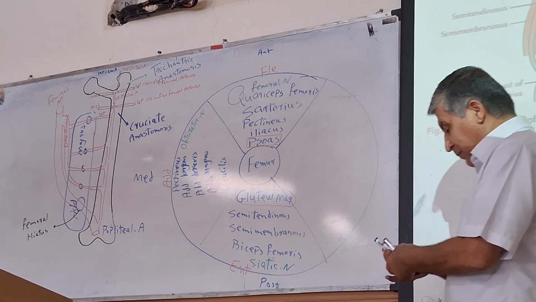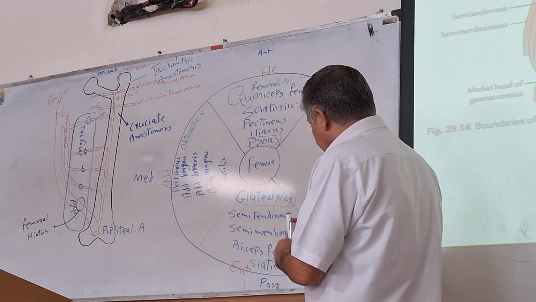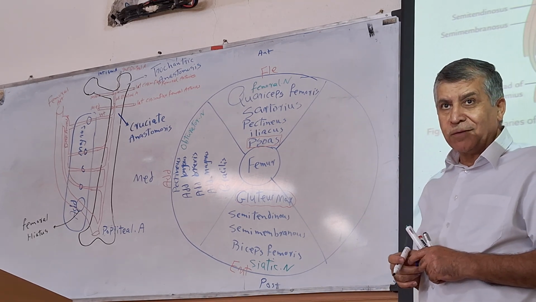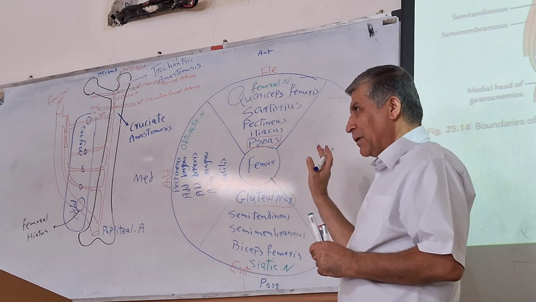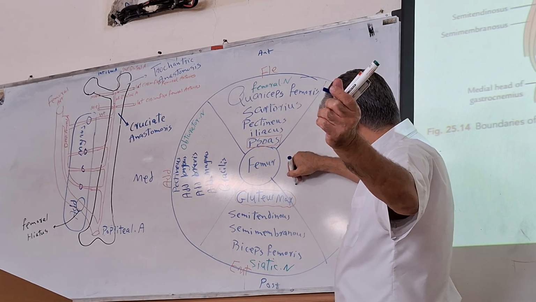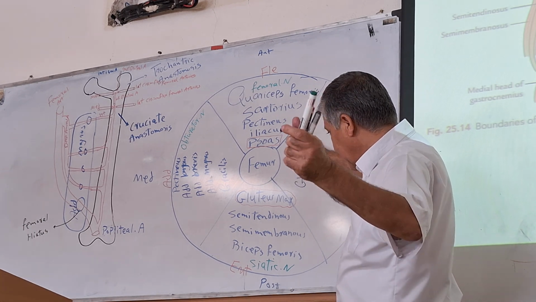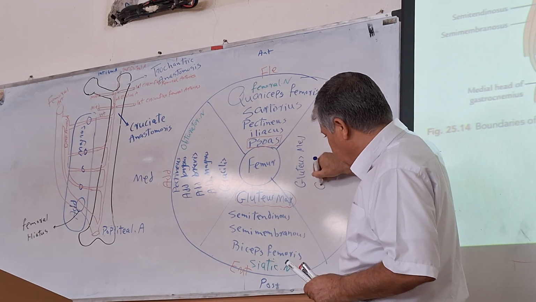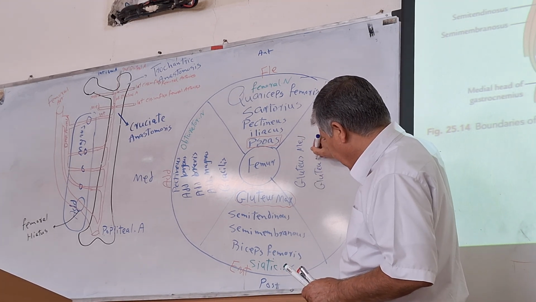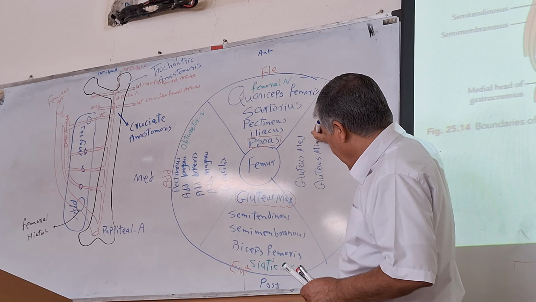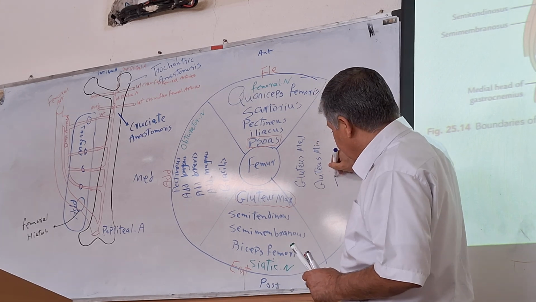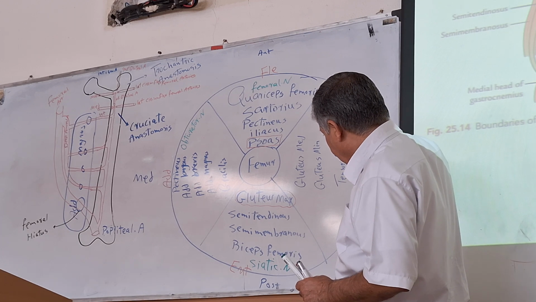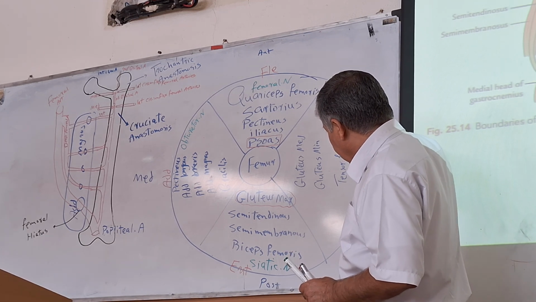Lateral compartment. We can see gluteus medius, gluteus minimus, and tensor fascia lata.